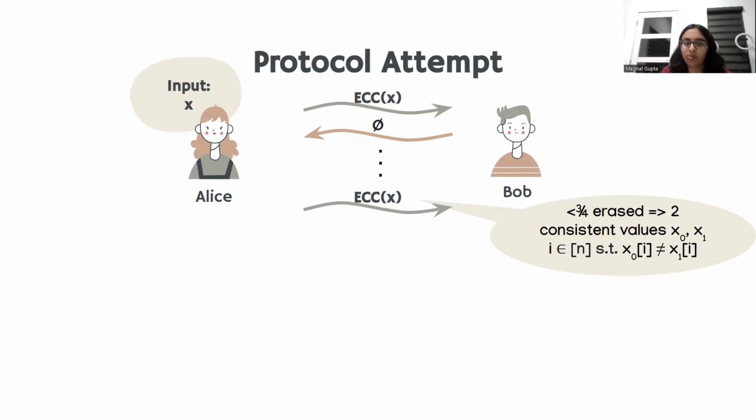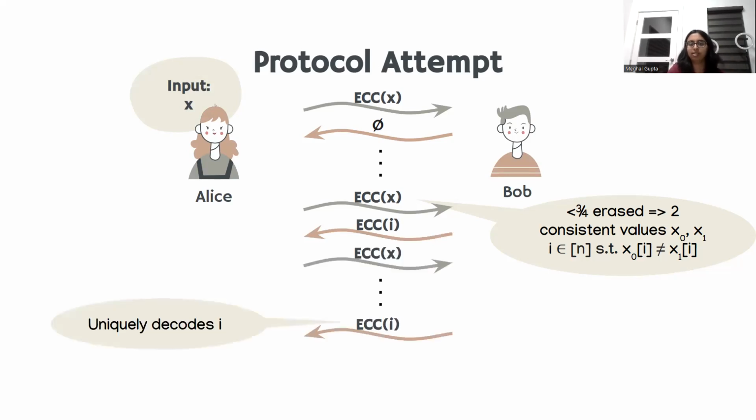Otherwise, she will be corrupting more than 6/11 of the messages if Alice is the one who's doing most of the speaking. So eventually we will get through this section of the protocol. Next, Bob is going to send over ECC of I until Alice uniquely decodes I. This has a giant asterisk next to it.